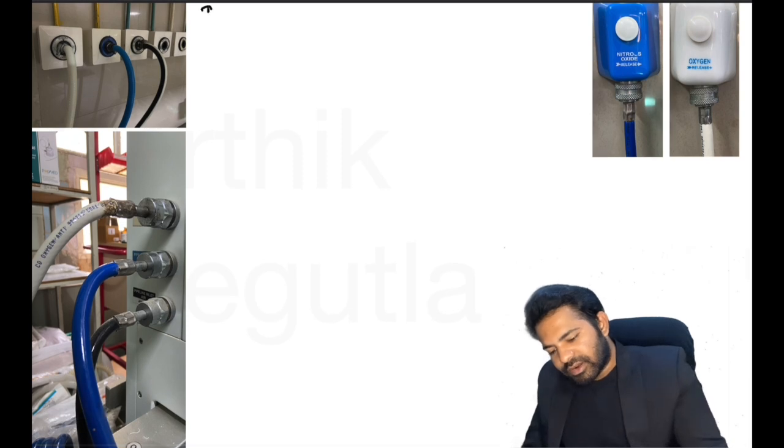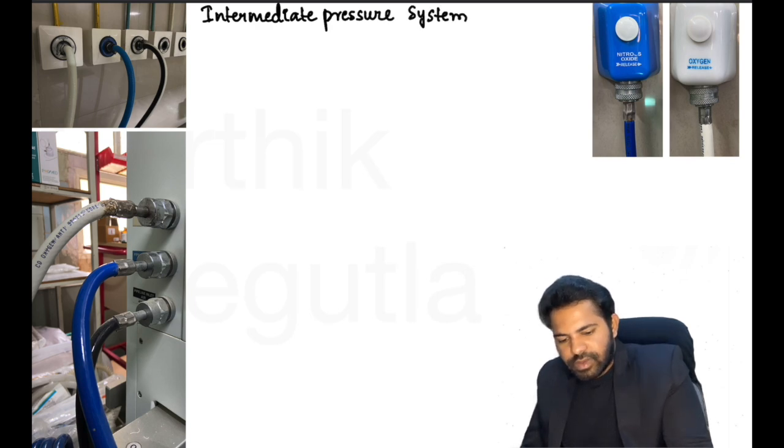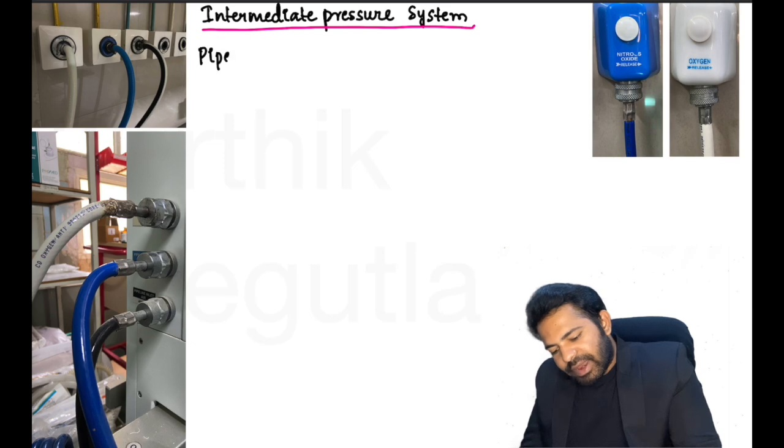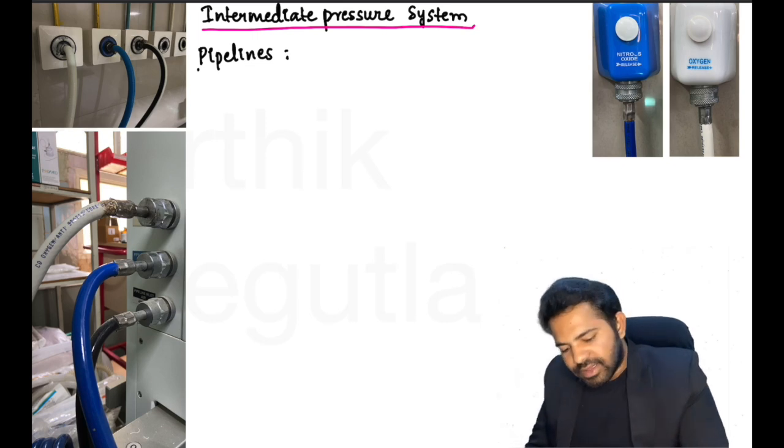Then let us move on to the intermediate pressure system. We have already seen the components of the intermediate pressure system. So we have pipelines. The color coding of pipelines is also asked frequently in your examination.